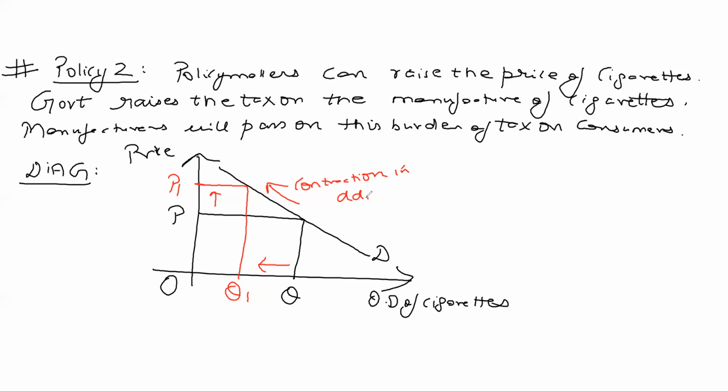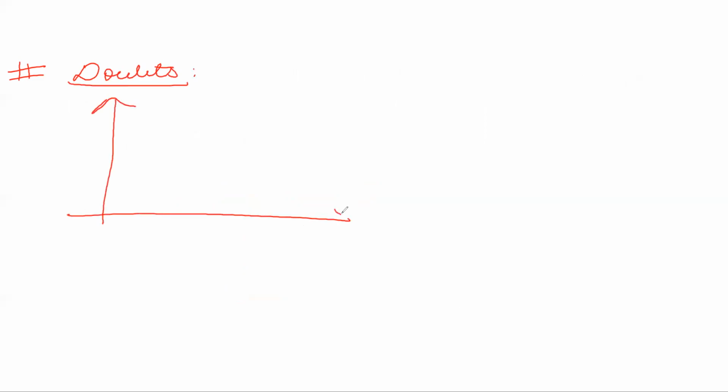Sir, can you draw the policy 1 curve once again? Can you explain it? So in case of policy 1, where you are creating awareness among the public to reduce smoking, there will be no movement along the demand curve. There will be a shift in the demand curve.